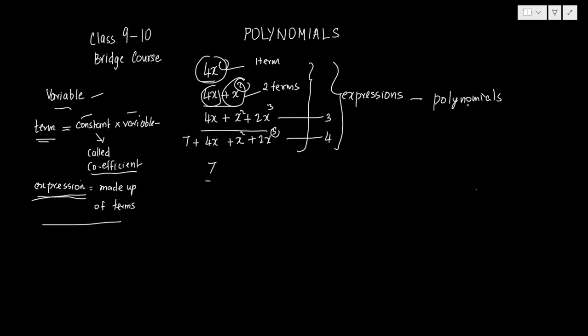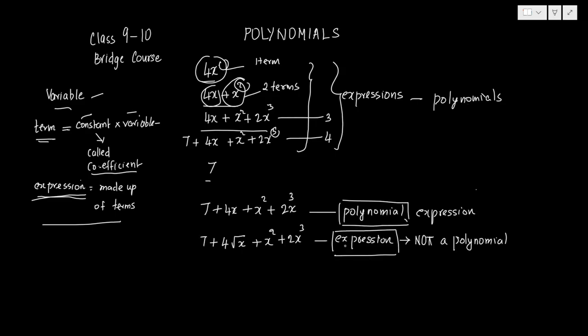So the question is, why are they called expressions and why are they called polynomials? In which cases are they expressions, and in which cases are they polynomials? Now I want you to understand the difference between a polynomial and an expression. I have taken these two expressions and written them down, so compare these two. 7 and 7, 4x, x squared, 2x cubed.